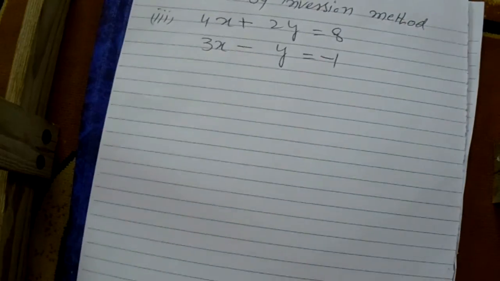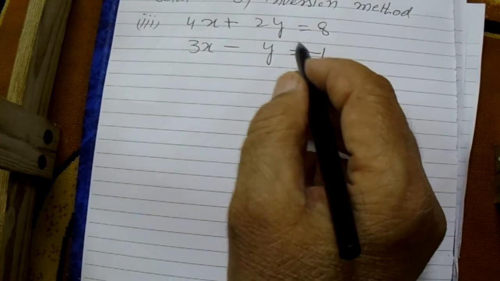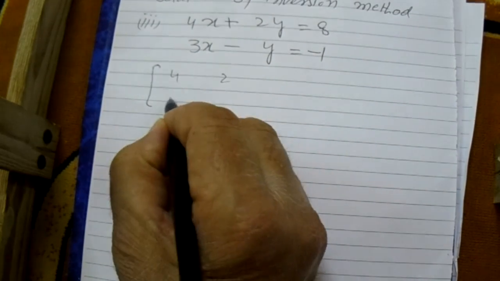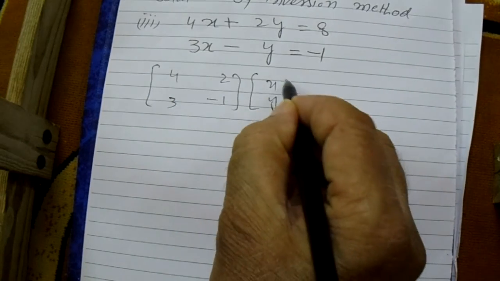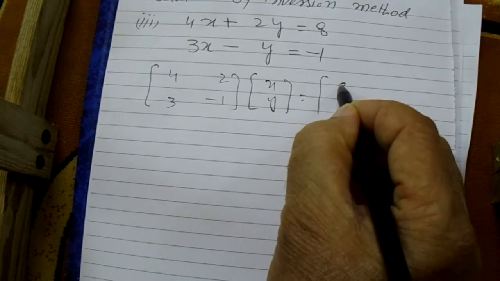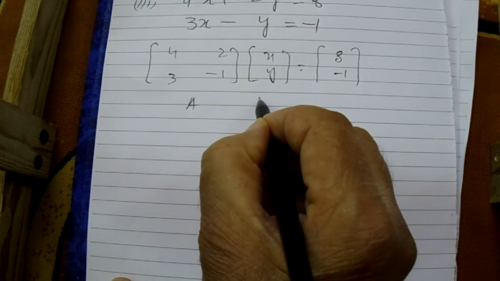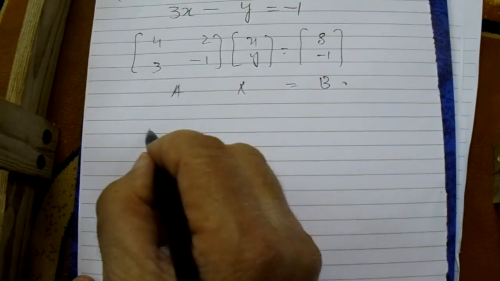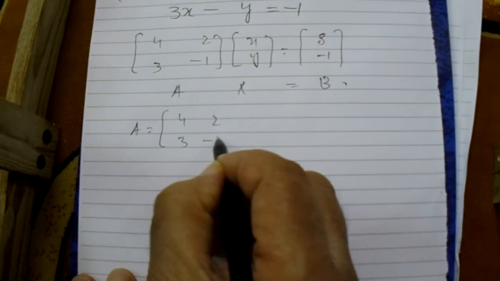Now we find the third part of this question by the inversion method. First we write again the first step the same: 4 2 3 minus 1, times x y, is equal to 8 minus 1. Now this is our A, this is our X, this is our B. We have written the A matrix 4 2 3 minus 1.